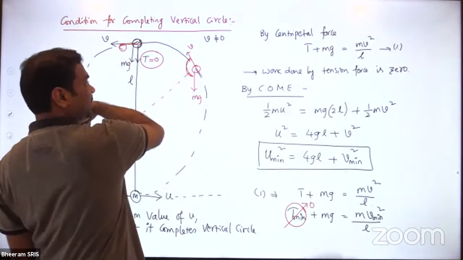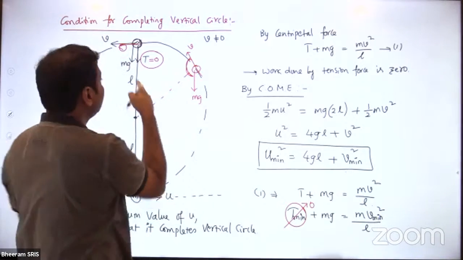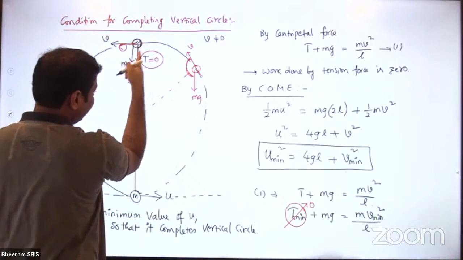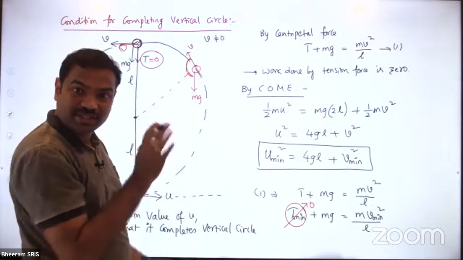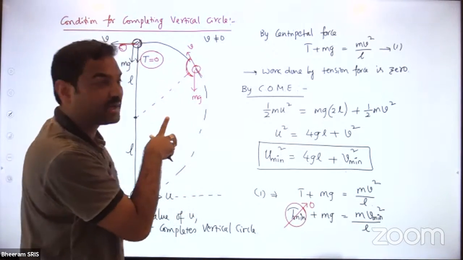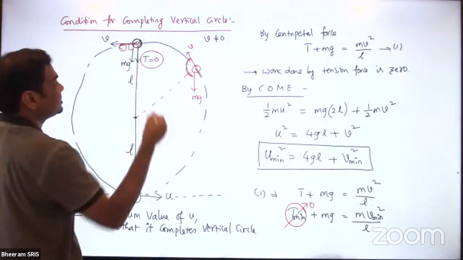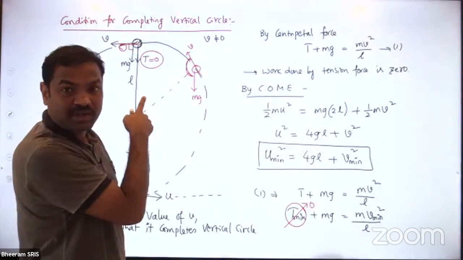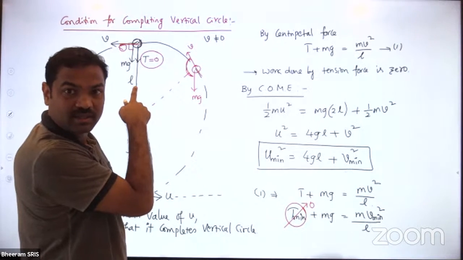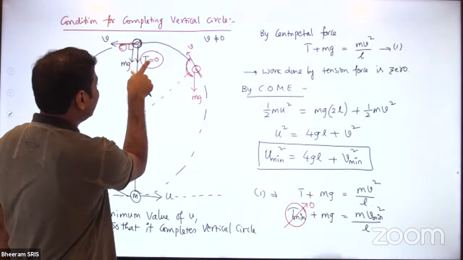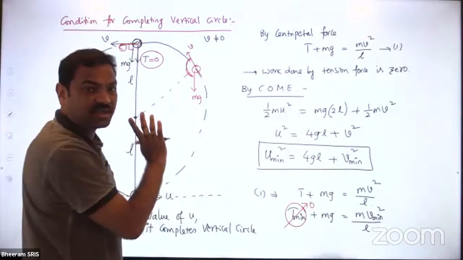It will go in some parabolic path, which is a projectile path. But here at the highest point, even if tension is 0, it will still go in a circular path. Why? Because mg is acting towards the center, and mg and velocity are perpendicular to each other. So then mg will provide the necessary centripetal force there. Means here mg is the friend for tension, here mg is not the friend for tension.